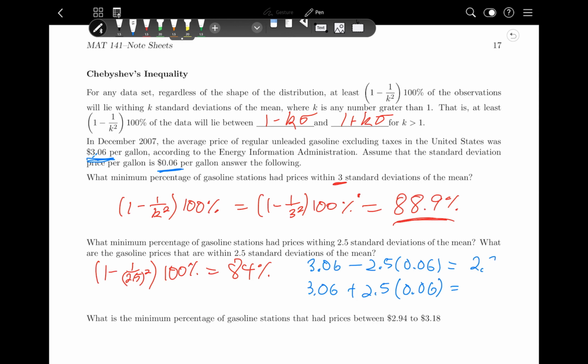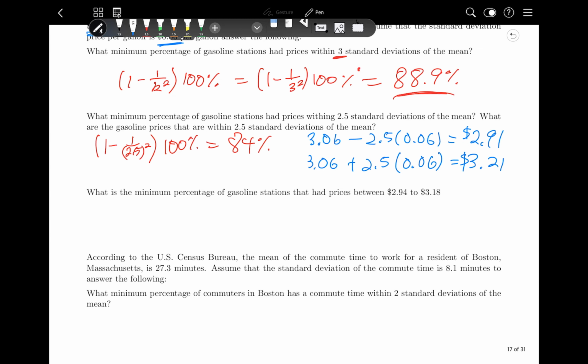And for this one, I get 2.91. Then we do the same thing, but we add it. We get 3.21. So at a minimum, 84% of gas stations had a price that was between $2.91 and $3.21 per gallon. Okay?